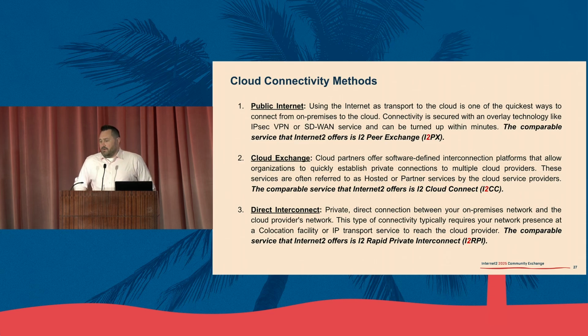The second model that Internet2 also helps support is the cloud exchange. So years ago, folks would build into a co-location facility where the cloud providers were. They had to buy transport, procure a router, procure colo, rack space, and manage your equipment with one of these cloud providers.